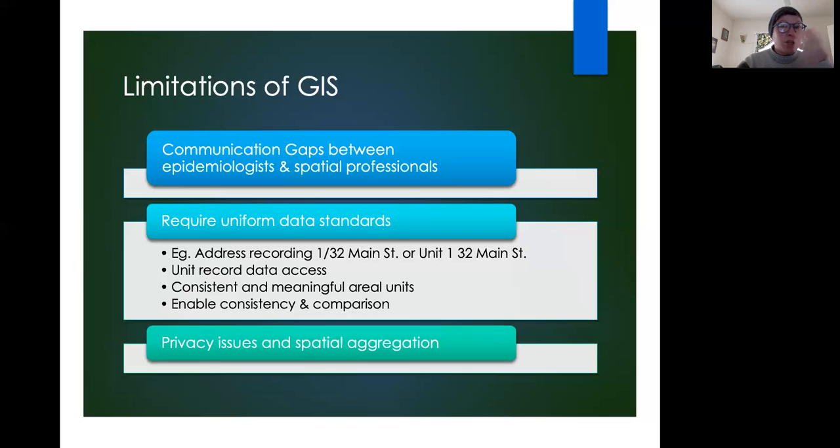So you had to go in and use a different data record to consolidate that information. That can be a real problem, especially if you're in a hurry doing some kind of emergency response.